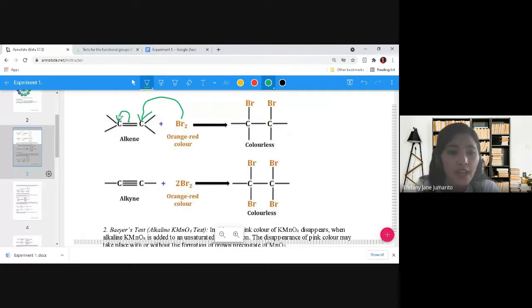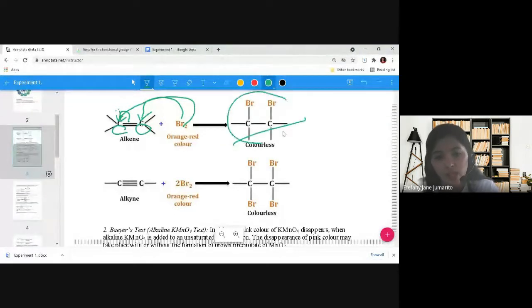The electrons will now be free. Therefore, the other bromine will attack again this carbon, so one Br goes on one side and the other on the other side. That's why we have this one. The Br, this one, and this is colorless.